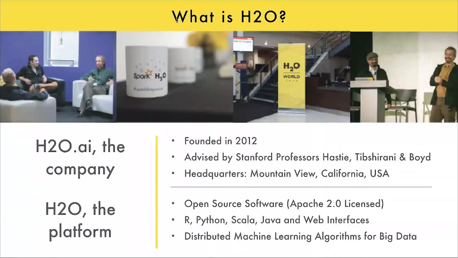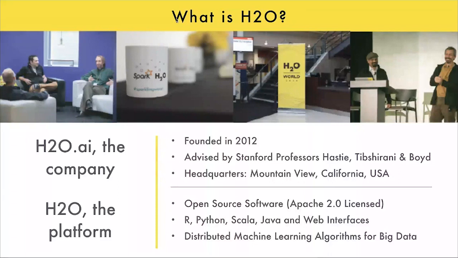We are advised by a few notable people in machine learning, so Stanford professors Trevor Hastie, Rob Tibshirani, and Stephen Boyd. If you've ever seen the Elements of Statistical Learning book, that's by Hastie and Tibshirani, and it's free online if you are looking for a math-focused or stats-focused approach to machine learning. That's a good book. And the company is in Mountain View, California.